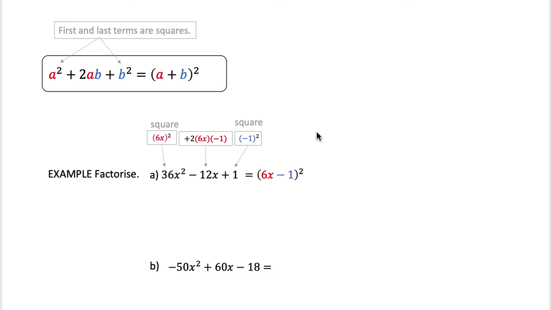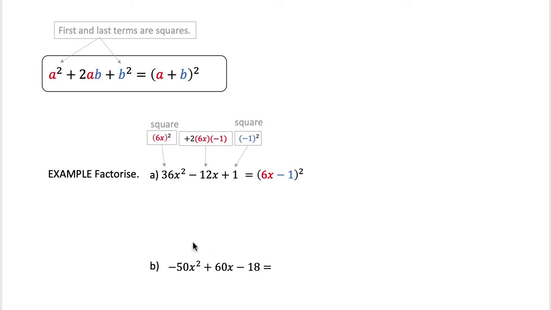Now b. We'd have to start with the same question of whether the first term is a square of something and whether the last term is a square of something else. Well, 50 isn't a square of any integer, so no integer to the power of 2 makes 50. The same with 18, so no integer to the power of 2 makes 18.